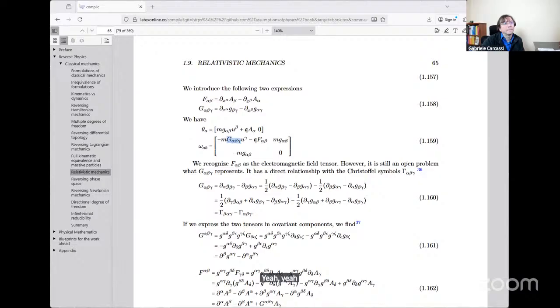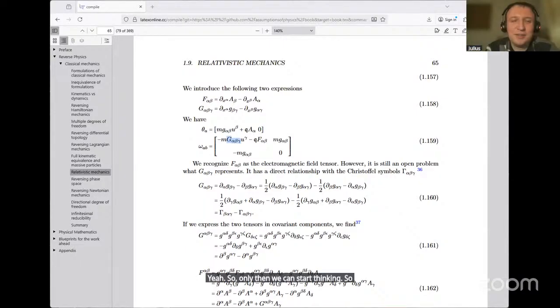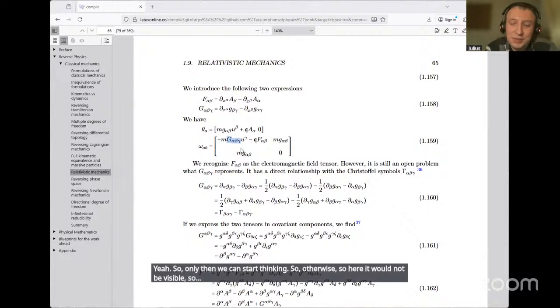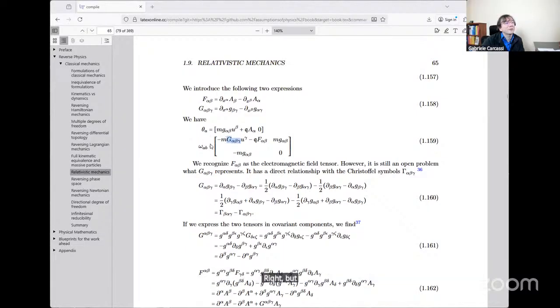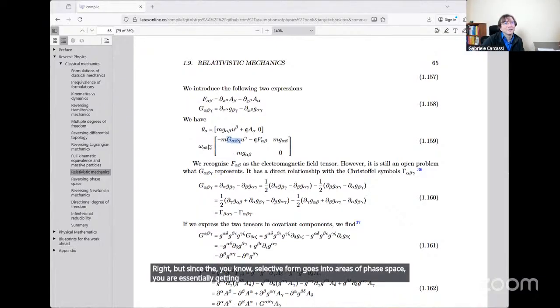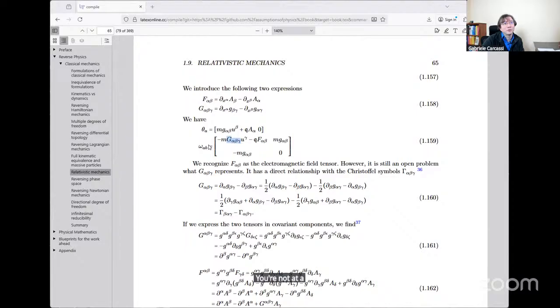Only then can we start thinking about it. Otherwise it would not be visible here. But since the symplectic form goes into areas of phase space, you are not at a point. You're in a neighborhood. You're exploring the neighborhood when you're defining the count of states.